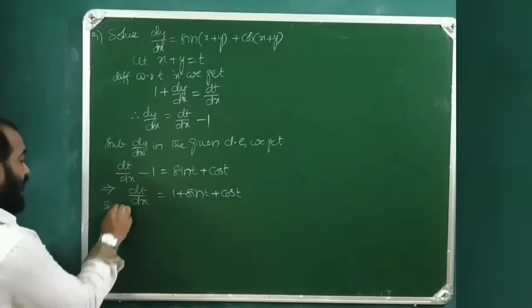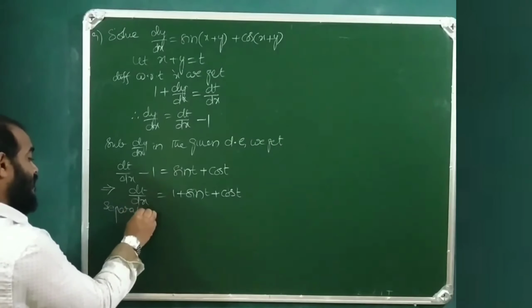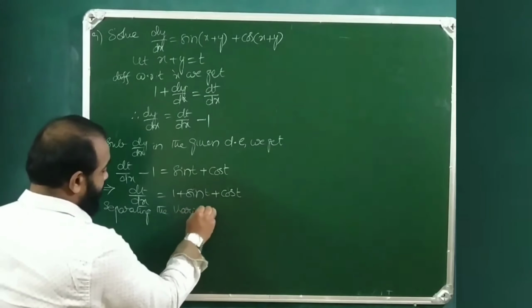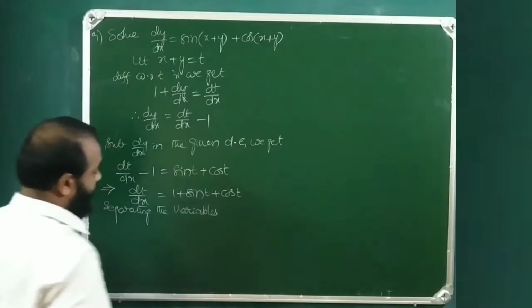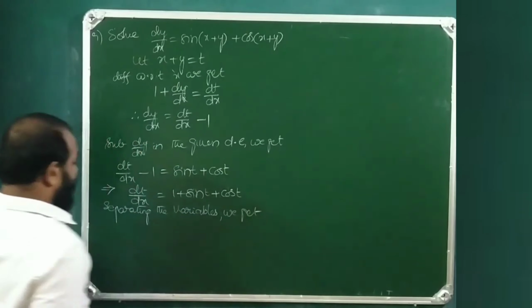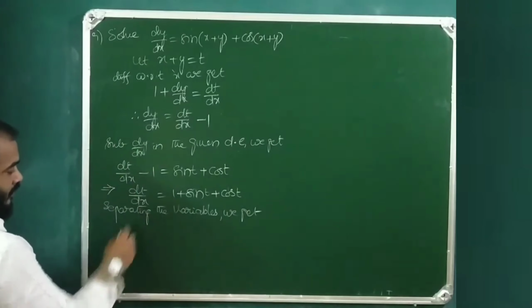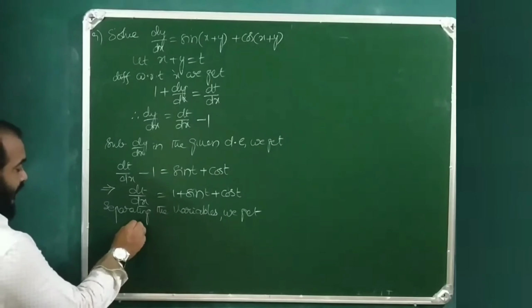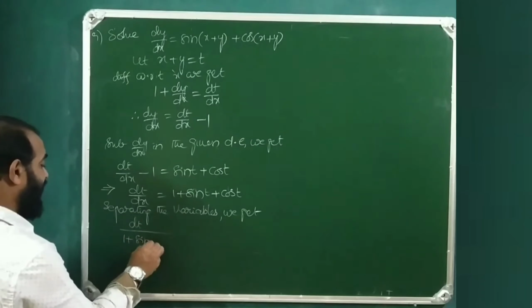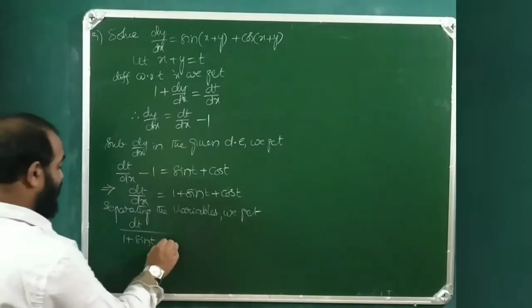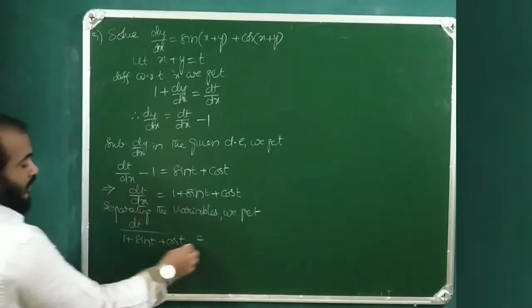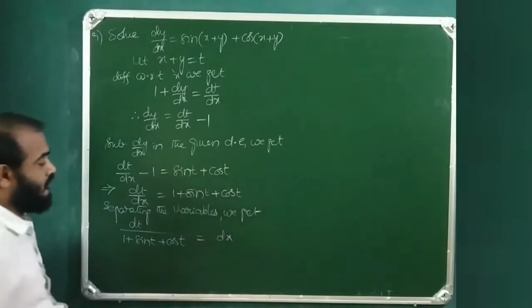So separating the variables, we get dt by 1 plus sine t plus cos t is equal to dx.